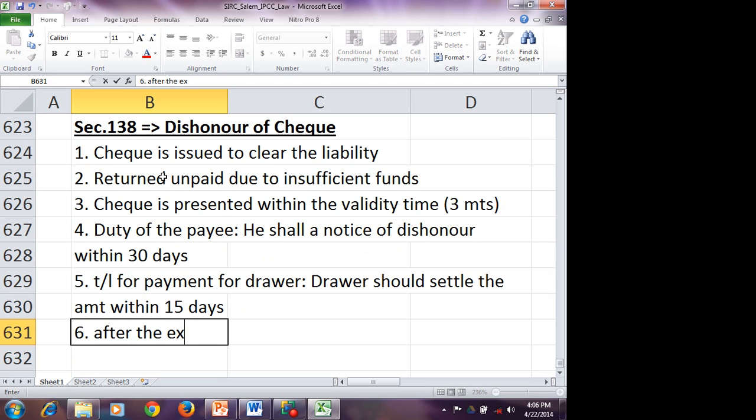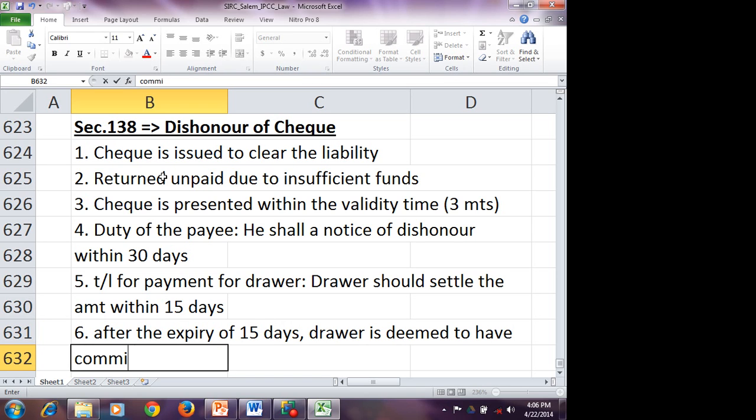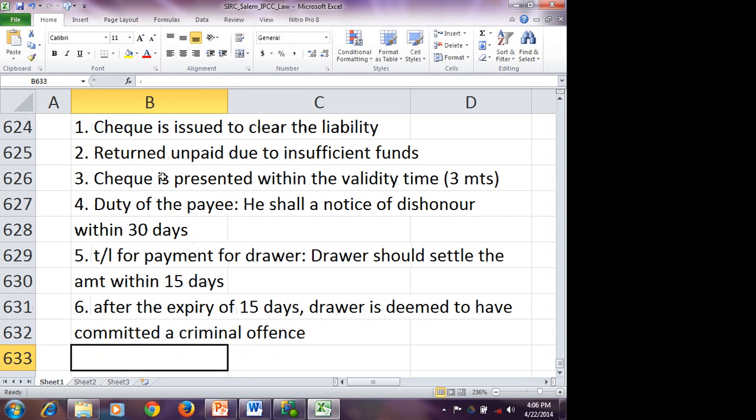After the expiry of 15 days, the drawer is deemed to have committed a criminal offence, which is equal to having committed a murder.